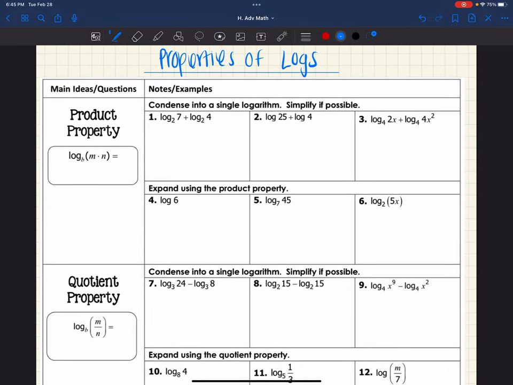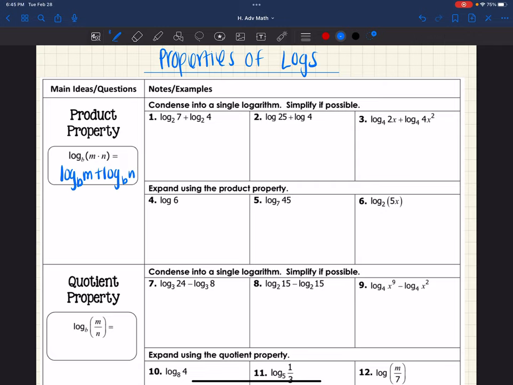So what does the product property of logs tell us? It tells us that log base b of m times n is equivalent to log base b of m plus log base b of n. Again, very similar to the product rule of exponents.